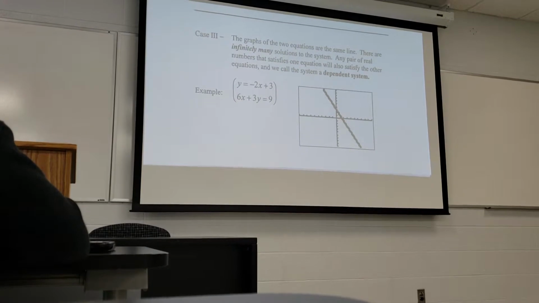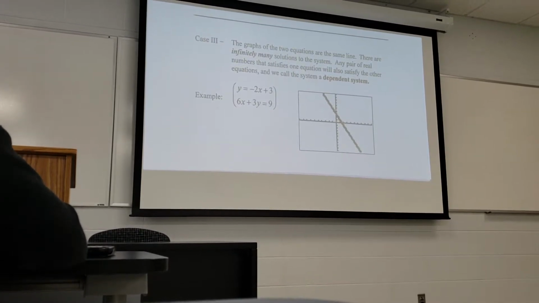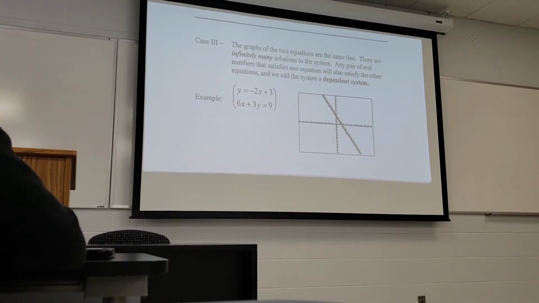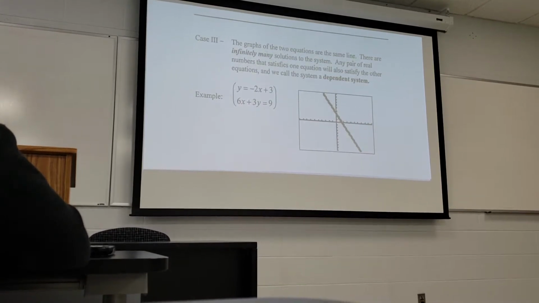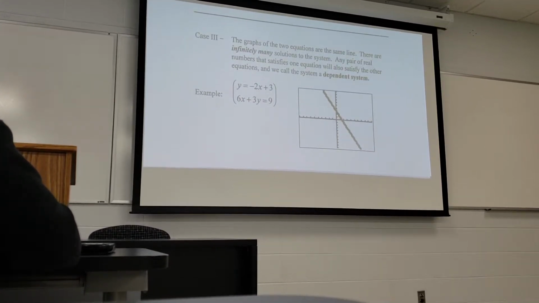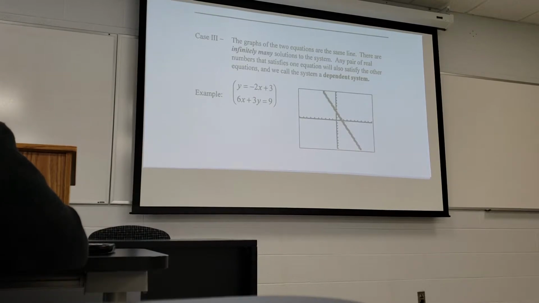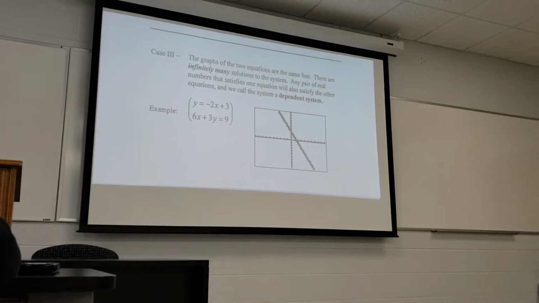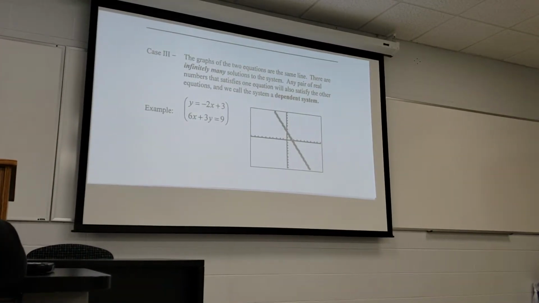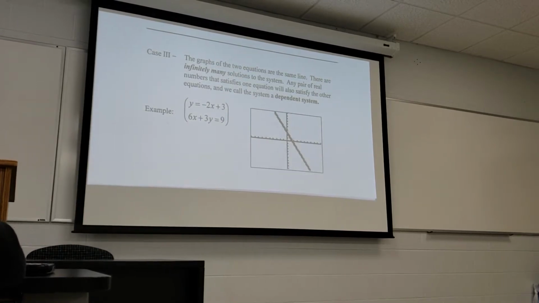If I had x plus y equals 1 and 2x plus 2y equals 2, they're actually the same line. They're going to be a line on top of a line. That's a dependent system. It has infinitely many solutions, and it's one line.